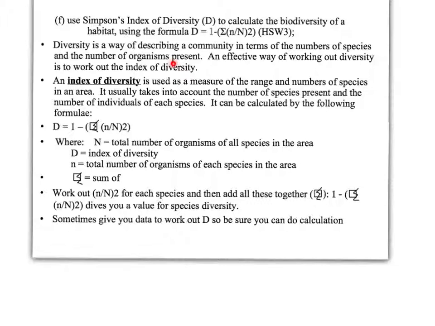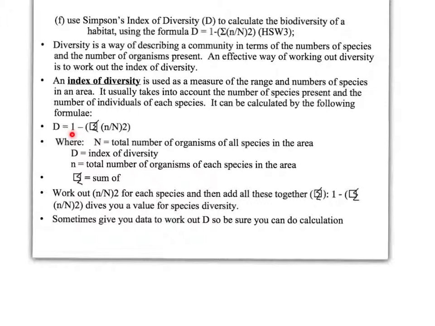Here it says an index of diversity is used as a measure of the range and numbers of species in an area. It usually takes into account the number of species present and the number of individuals of each species, and it can be calculated by the following formula. D, the index of diversity, is 1 minus, in brackets, the sum of little n over big N, squared, end of bracket.